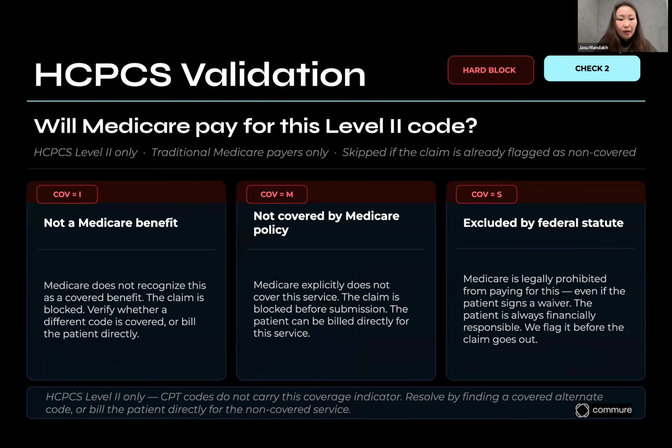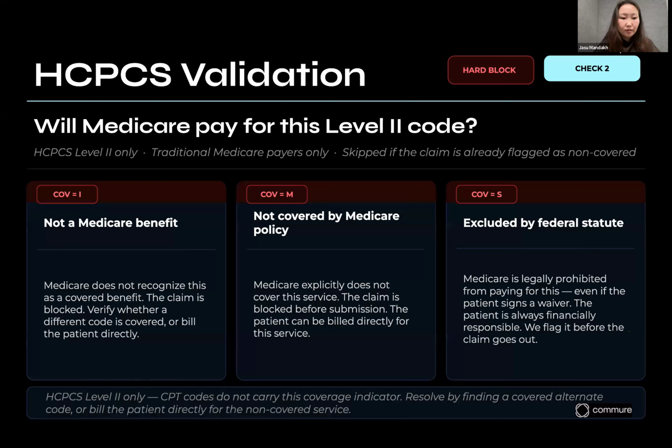Okay. And for the HCPCS validation, we also have one other validation for traditional Medicare. For HCPCS level 2, some of the codes are just not covered by Medicare, and they have explicitly said so in their fee schedules. There are coverage indicators like I, M, S if you look into the HCPCS quarterly updates and download the files.